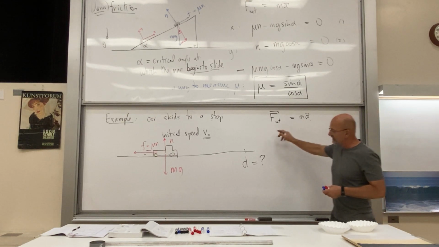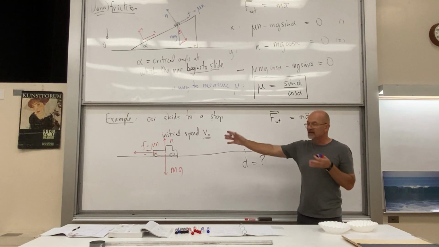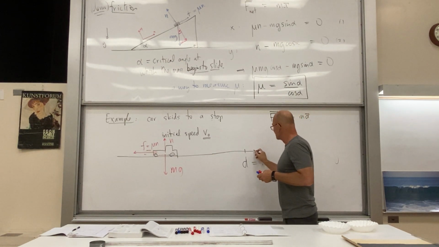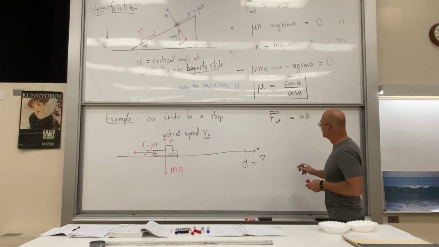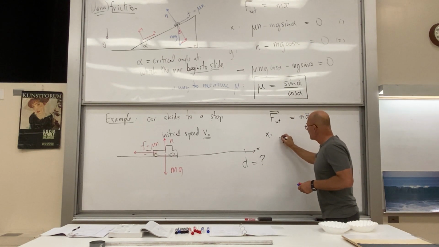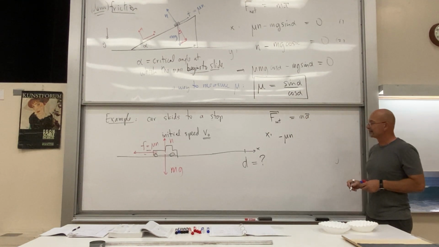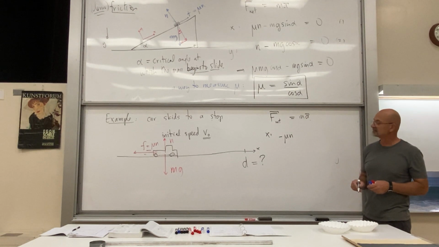Absolutely. It's going to be slowing down, it's decelerating, it's an acceleration in the left direction. We can call this the x direction. So in the x direction we have minus mu n, and that's it.